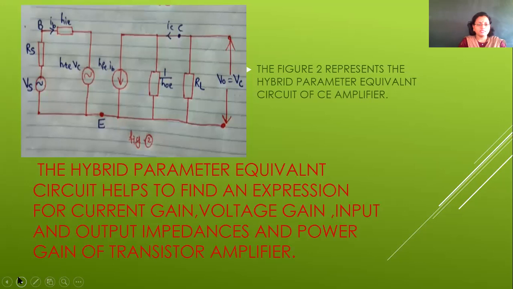IC is the collector current, IB is the base current, and E is common to all. RL is the load resistance. The output VO is the output voltage across the collector, and VS is the source.